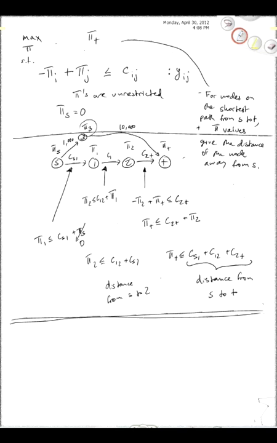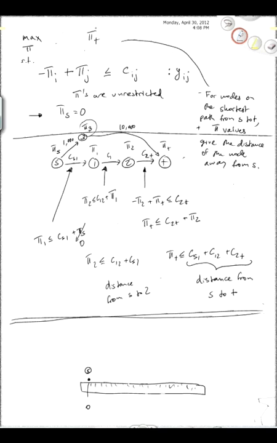Then you can think of this shortest path dual as doing the following. We're taking out a ruler, and we're placing the ruler here on the table. And we're taking the knot for S, and we're placing that at 0. So that's happening with this extra equation that we threw in here, the pi s equals 0. So that tells us we're taking the knot for S and placing it at 0.